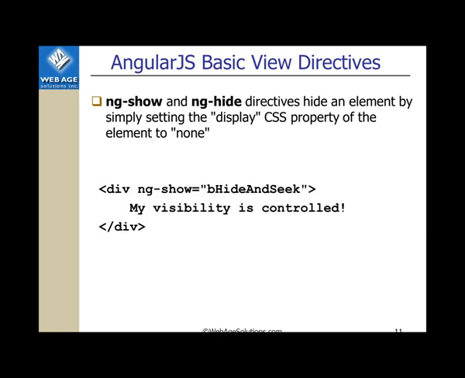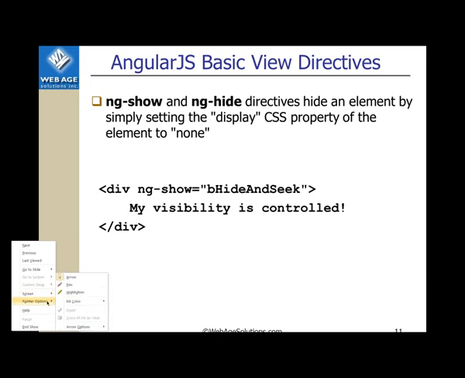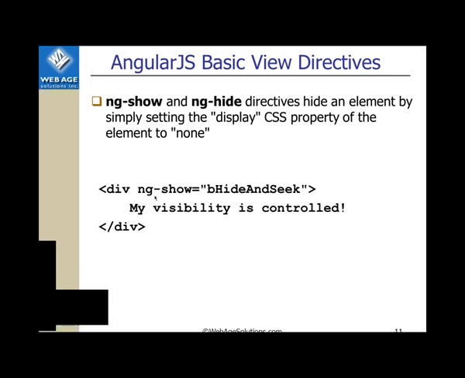The simplest and probably most practical of all: ng-show and ng-hide. ng-hide is just a mirror reflection of ng-show. And here's the code. Let me bring it up. So we've got ng-show.